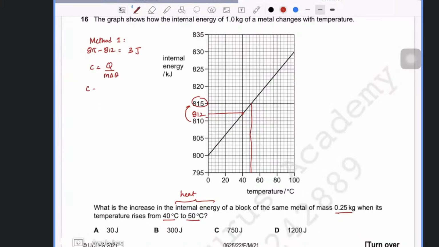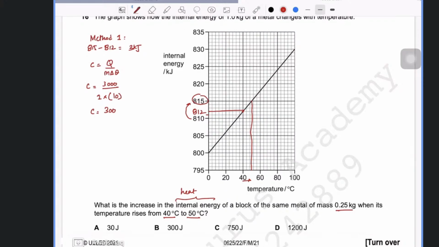The C we need to find, the energy we supplied was 3, the mass is 1 kg times the change in temperature was 10 degrees. How do I know? Because it goes from 40 to 50. So heat capacity, Sir, it's 3 kilojoules. Oh, sorry. 3 kilojoules would mean 3000 then. Okay, sorry. So this would be 300, right?